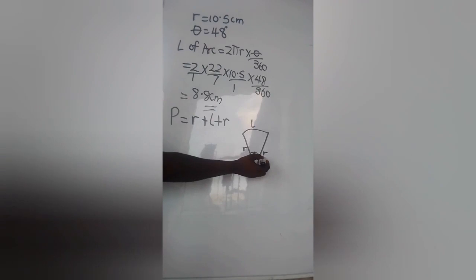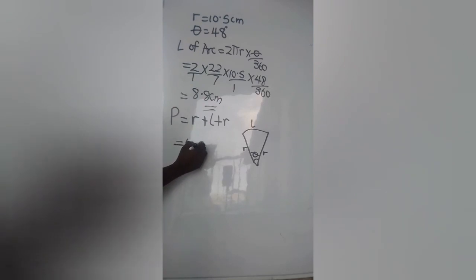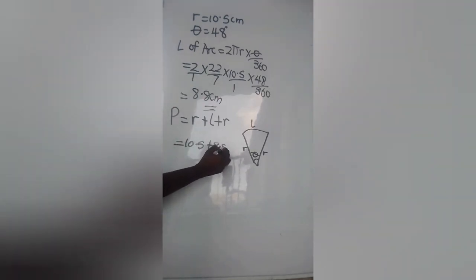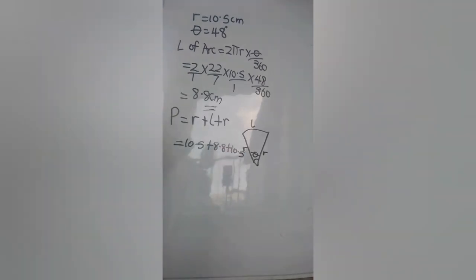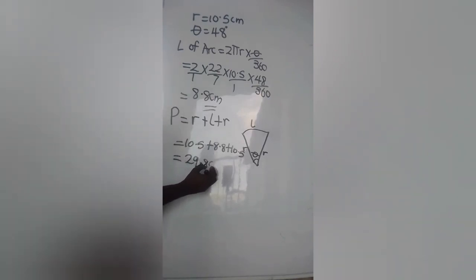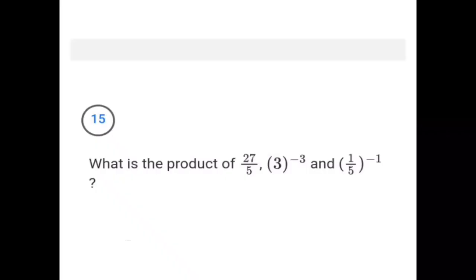So we are adding this plus this plus this. So we have the radius 10.5 plus length of arc 8.8 plus 10.5, which is the other side of the radius. When we add this, we get 29.8 cm, and this is our answer.